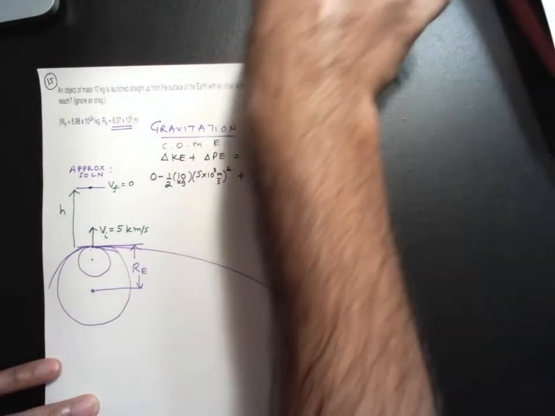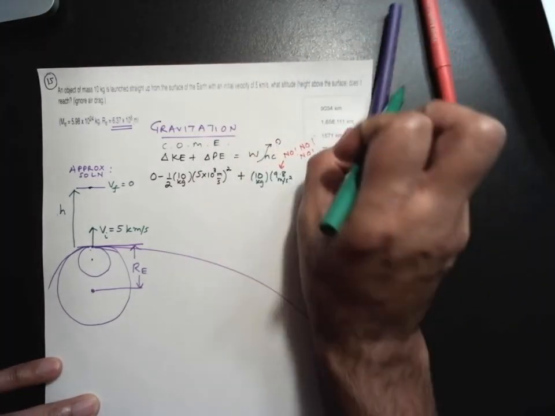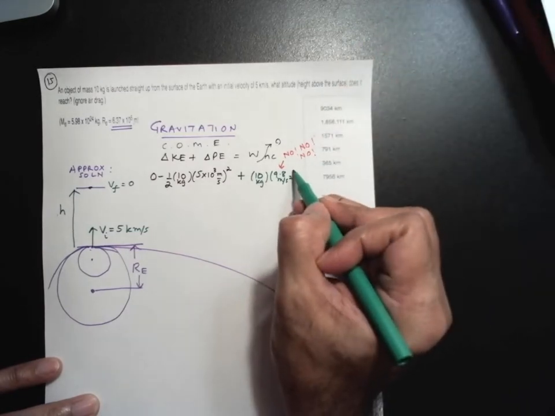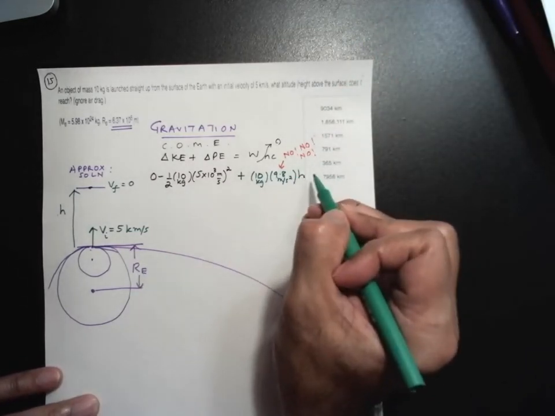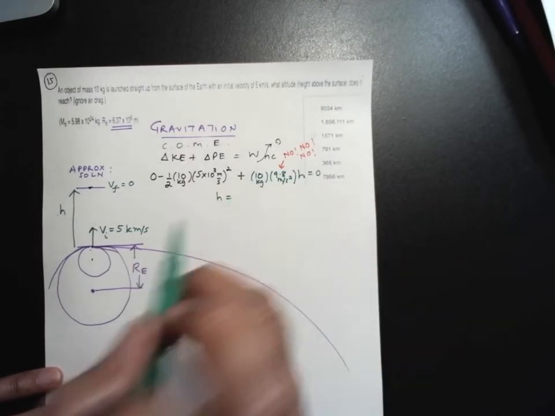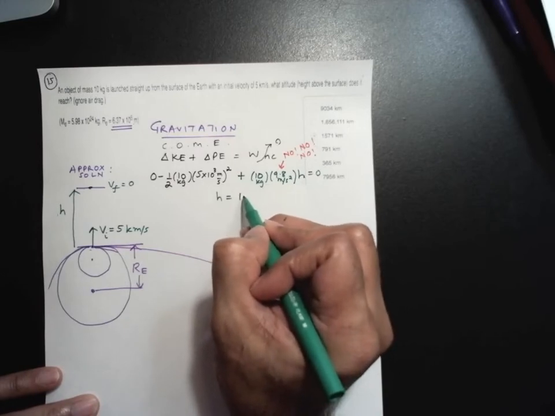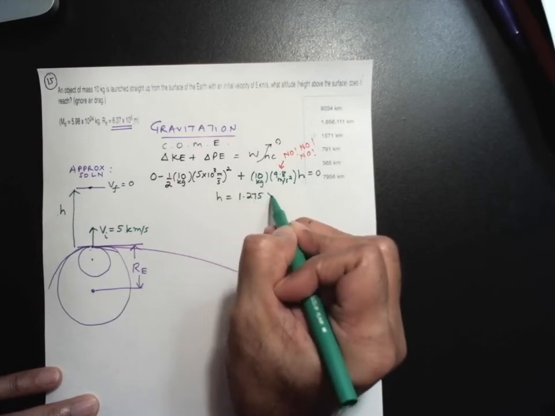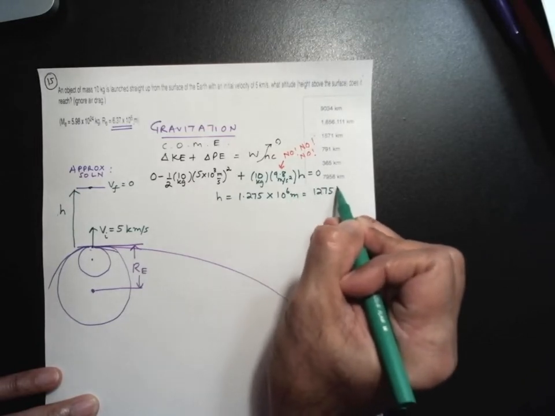But still, from an exam point of view, if we were to do this, mg and then h, we're playing dumb, right? And then this is equal to 0, and you solve for h, and you get 1.275 times 10 to the 6 meters, which is 1275 kilometers.